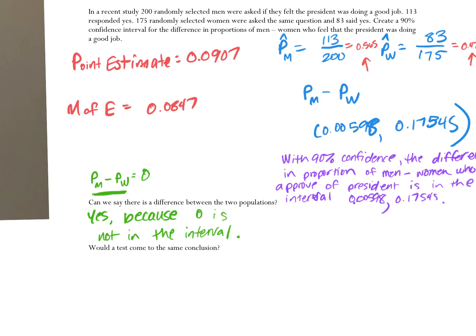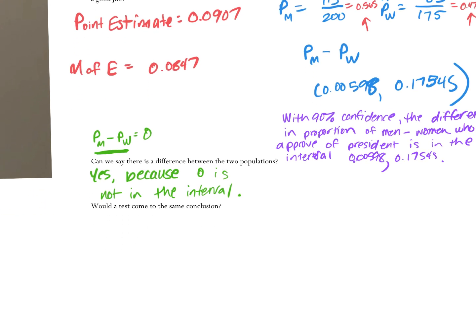If this had been a test instead, my alternative hypothesis would be not equal to. We're just trying to say there is or isn't a difference. Is everybody with me? My null hypothesis is equal to. So if I had asked you to do this with a test instead of an interval, this is what it would look like.